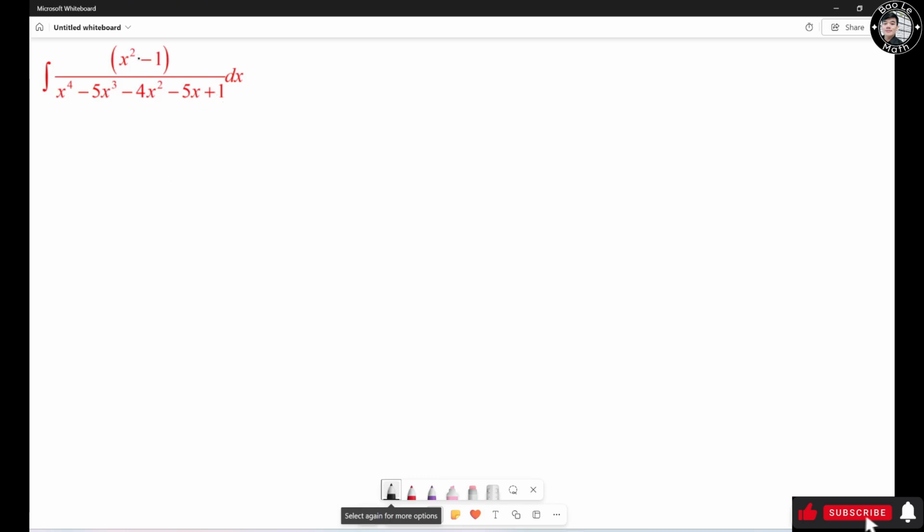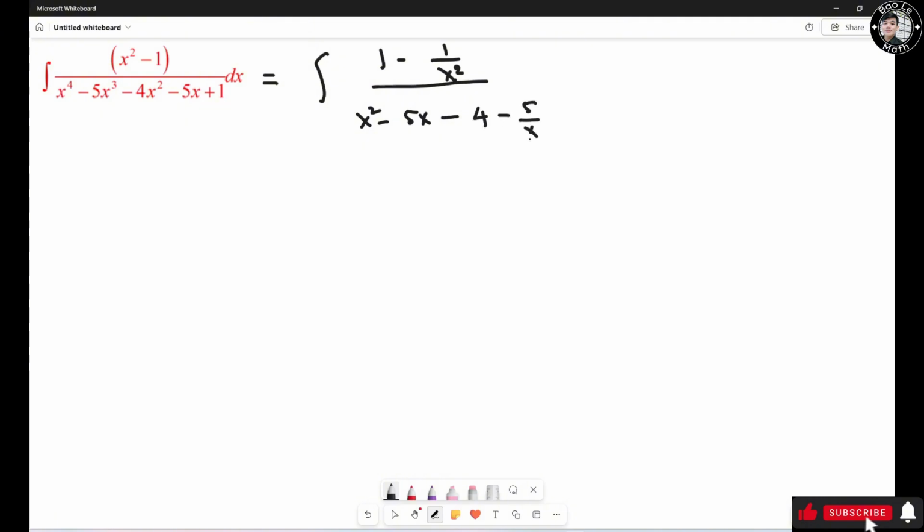To simplify this one, we need to divide the top and bottom by s squared. So this turns out to be the integral of 1 minus 1 over s squared, over s squared minus 5s minus 4 minus 5 over s plus 1 over s squared, ds.